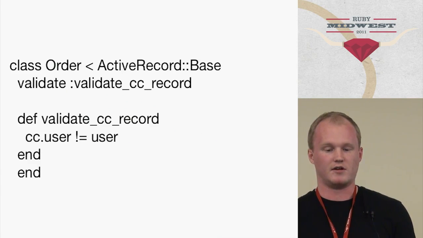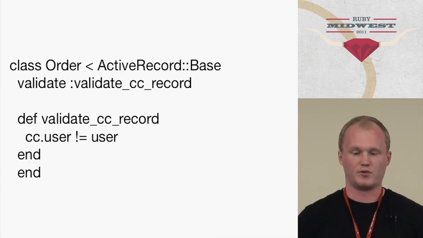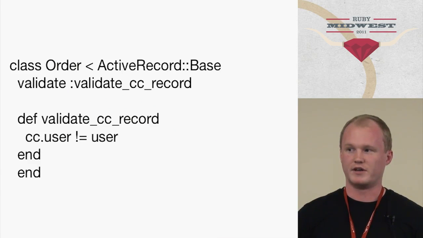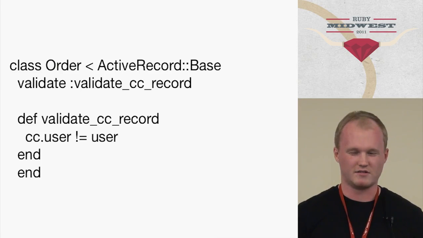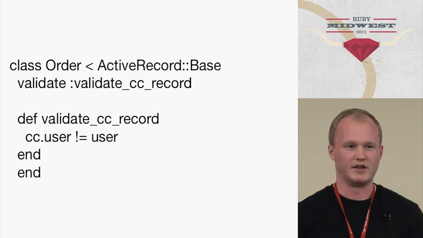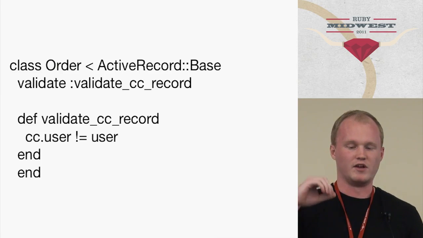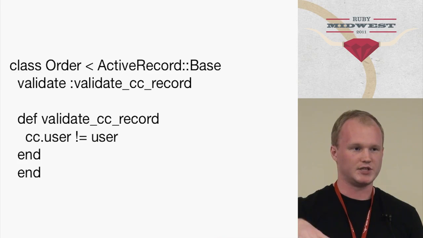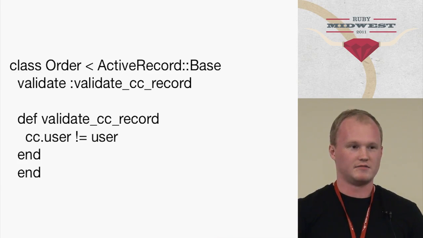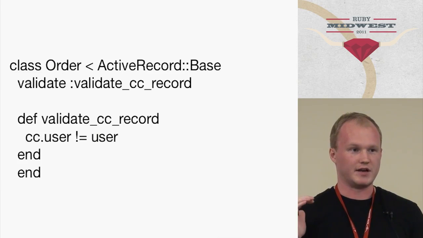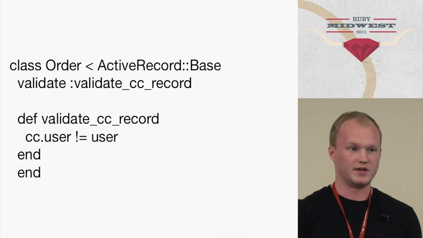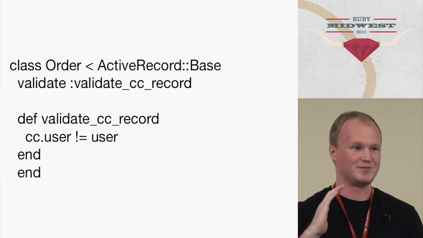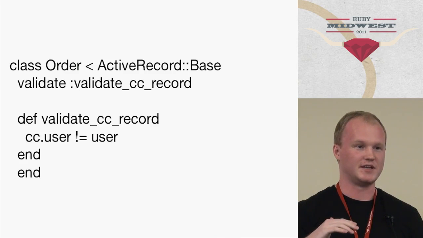So in this example, we want to validate the credit card on the order is associated with the credit card of the user, which is maybe not the best example, but it illustrates the point that we have another query to load up the user object now. And so that cascades, right? So if this one callback has 1 thing that it's loading, and you have 10 callbacks that are all loading 1 piece, you have 10 additional queries that are going to happen.